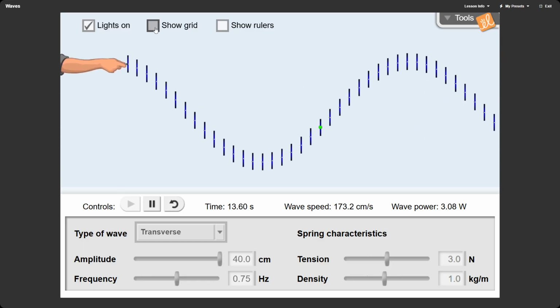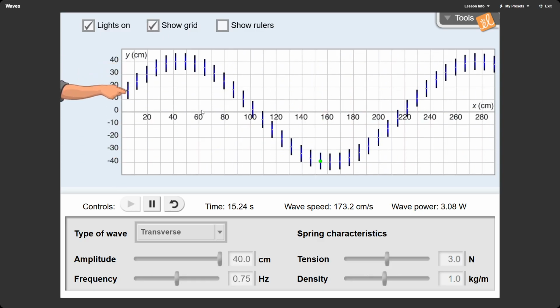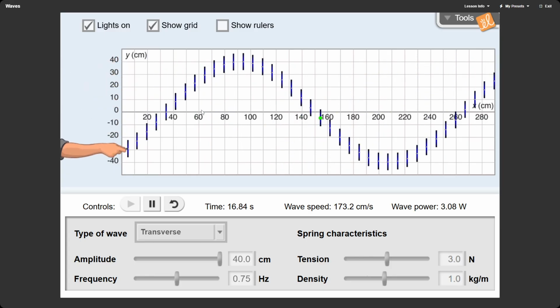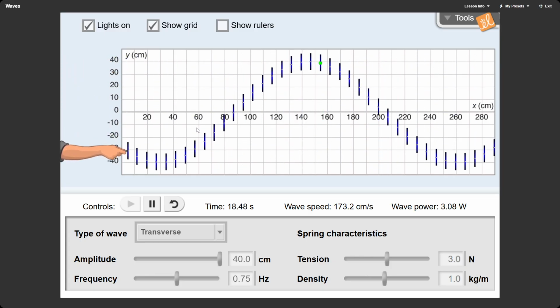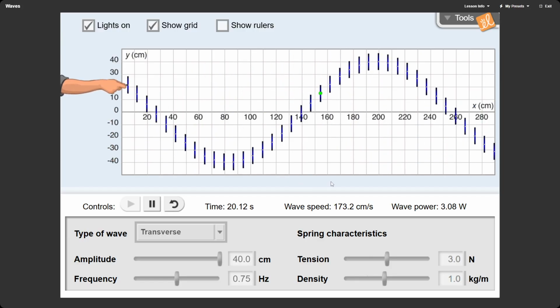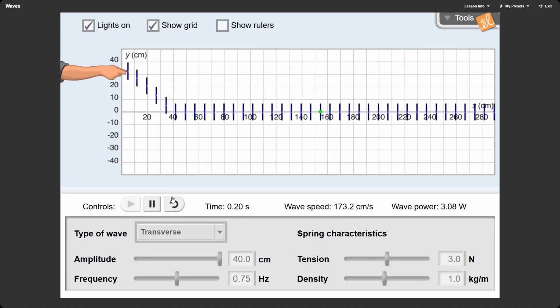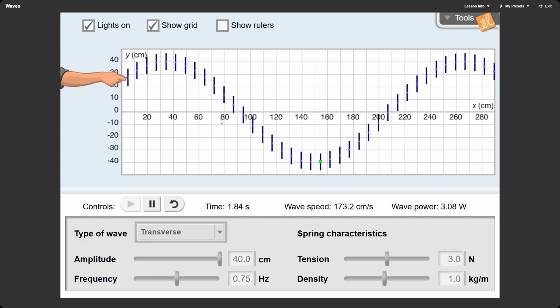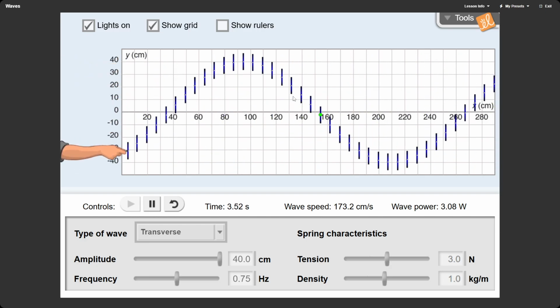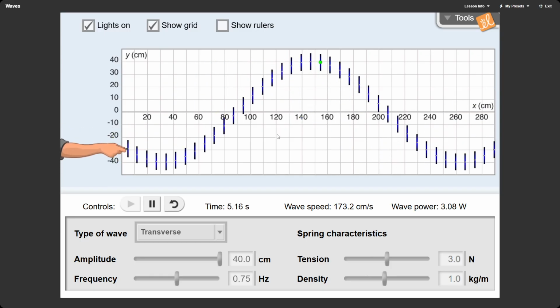Does it show you the wavelength? So you could hit reset, hit play, and then you can also look, is the wavelength the same or different?